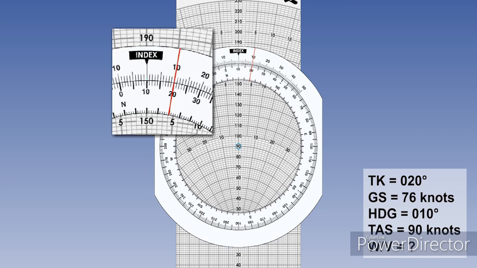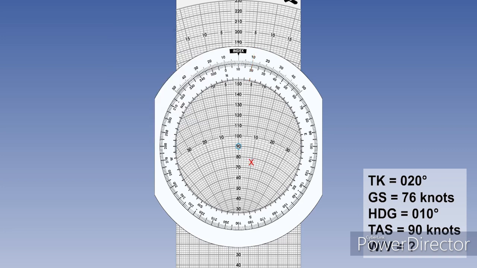If the track were to the left of the heading, the wind mark would be on a drift line to the left of the center line. Place the wind mark over the 10-degree drift line where the speed arc to the value of the ground speed, 76 knots, intersects it. Rotate the window to place the wind mark on the center line down from the center circle.